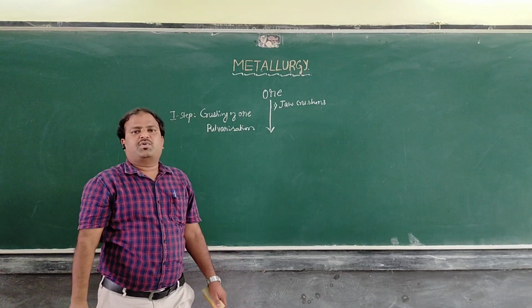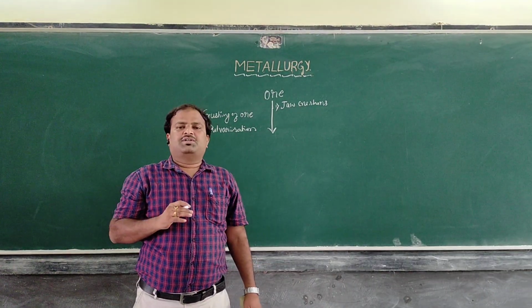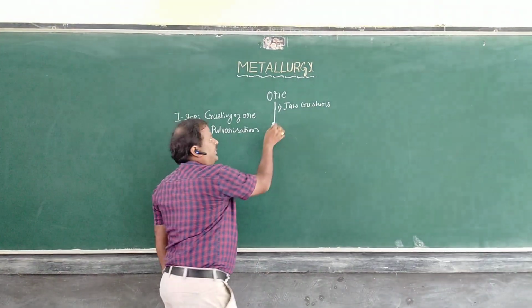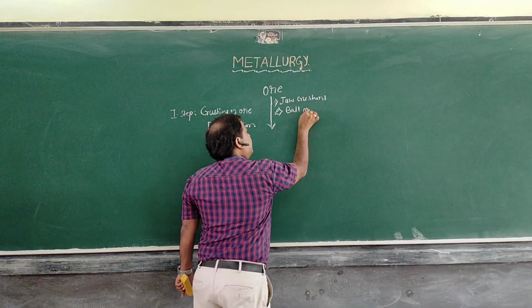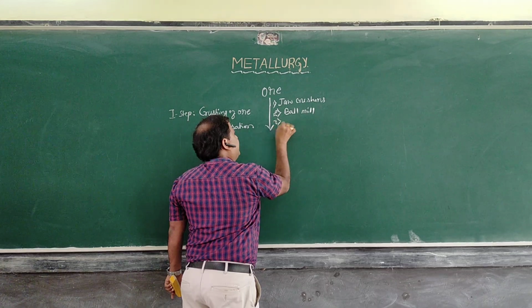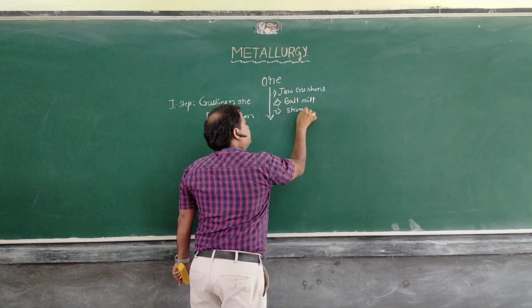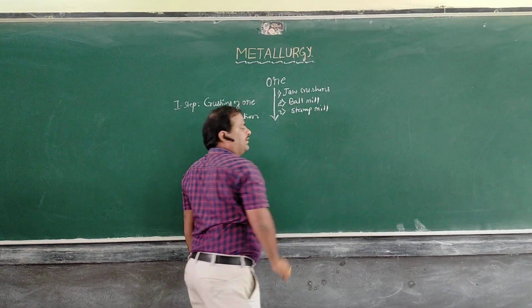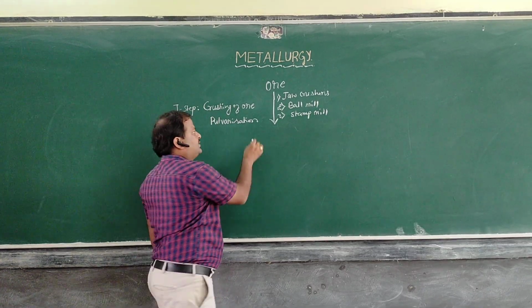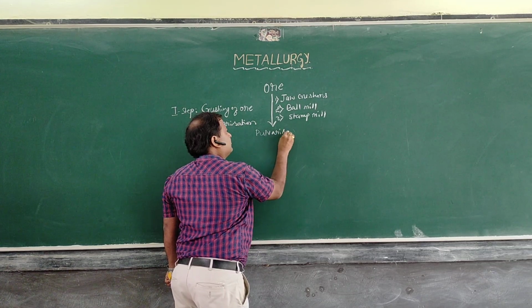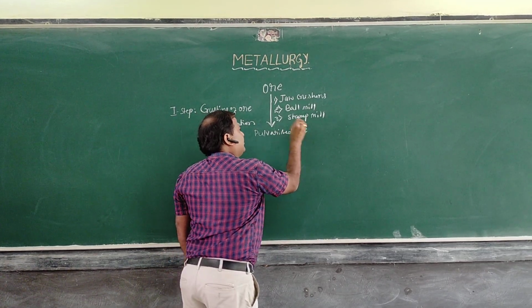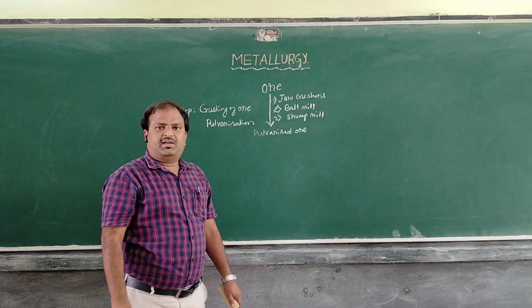Next, the small pieces are ground to powdered ore by ball mill and stamp mill. Then we get pulverized ore, or simply powdered ore.